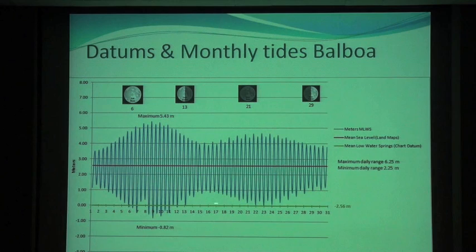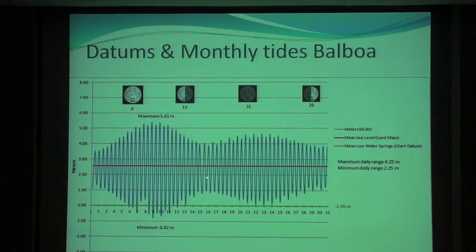On the other hand, for bathymetric maps, their zero datum is mean low water springs, or chart datum. And in the case of the Gulf of Panama, this is considerably lower than mean sea level, by 2.56 meters. It's measured precisely by the Canal Authority at the port of Balboa.